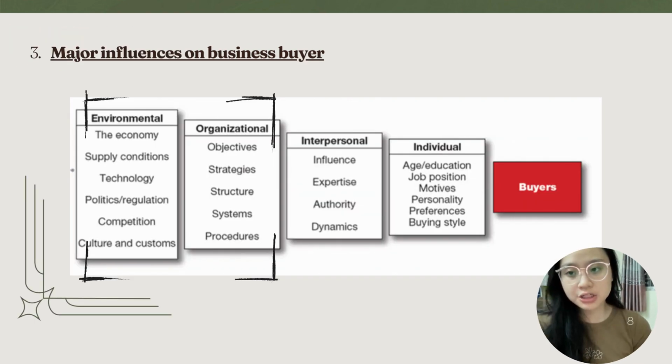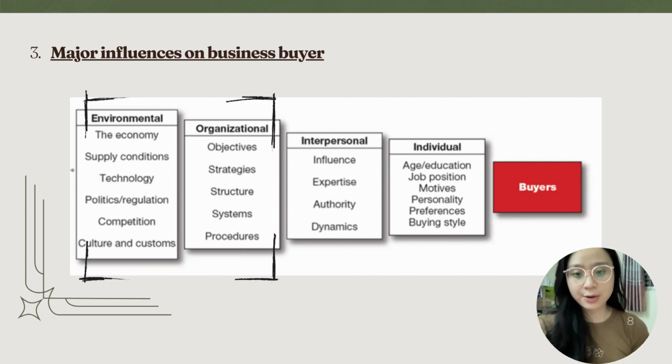And next, major influences on business buyers. First, I will talk about the environmental and organizational factors. What does it mean, the environmental factors? This means business buyers are heavily influenced by the economic environment and factors like the level of demand, cost of money, and economic outlook.